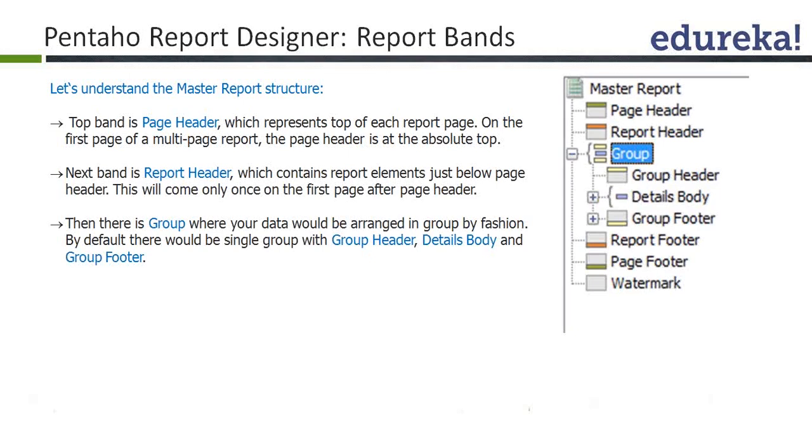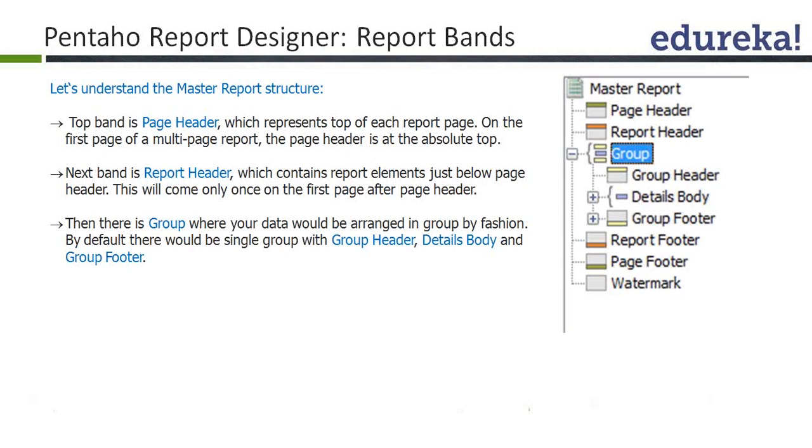Report header and page header, very important to understand, there is a difference. Regardless of the number of pages, it is a single report, so report header will be repeated only once. Only the first time it will appear on top, and on subsequent pages there won't be any report header, whereas page header will be repeated on each page.